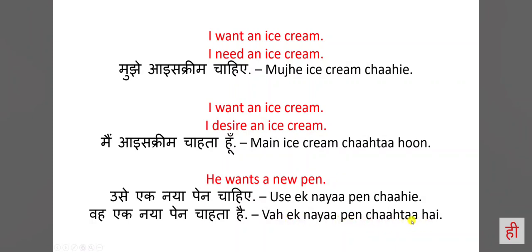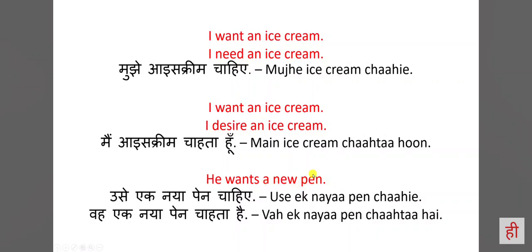And if you translate like this, then this represents desire. He desires a new pen. Okay? It is not his want or need. It is his desire to have a new pen. Okay? So this sentence represents want and need. This represents desire. Alright?